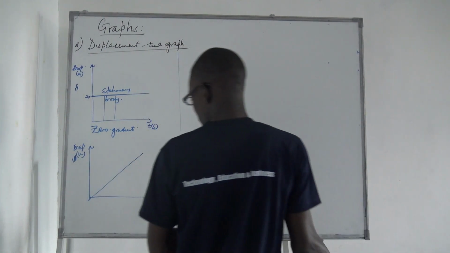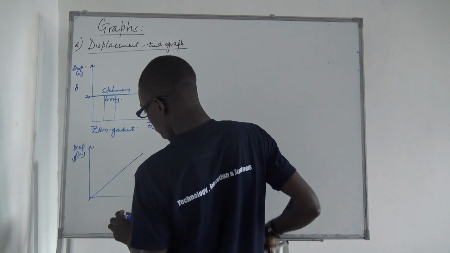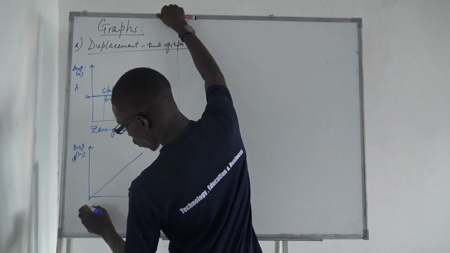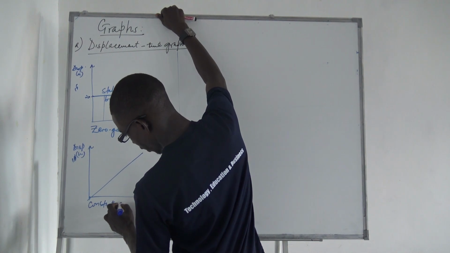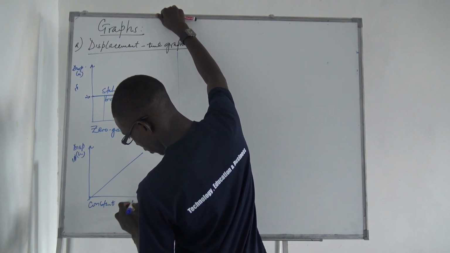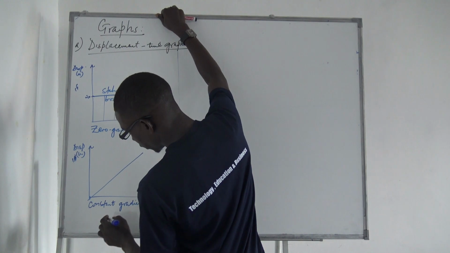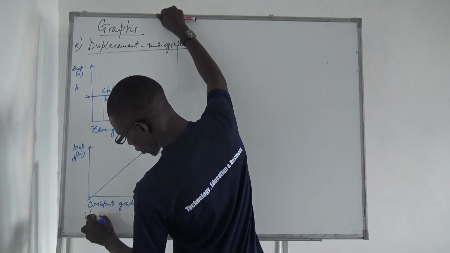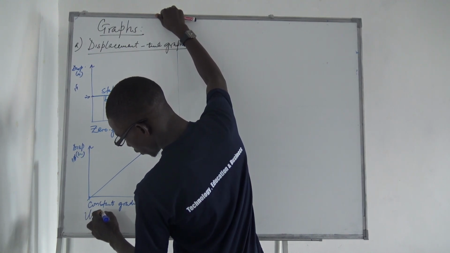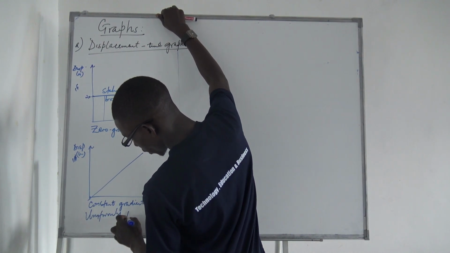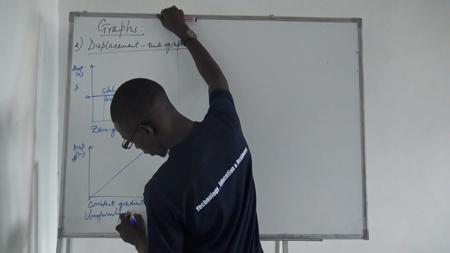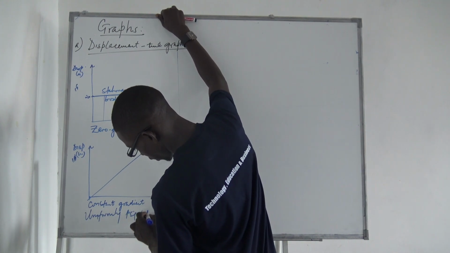What do you think this is? This one has a constant gradient. And it is true for uniformly increasing velocity.